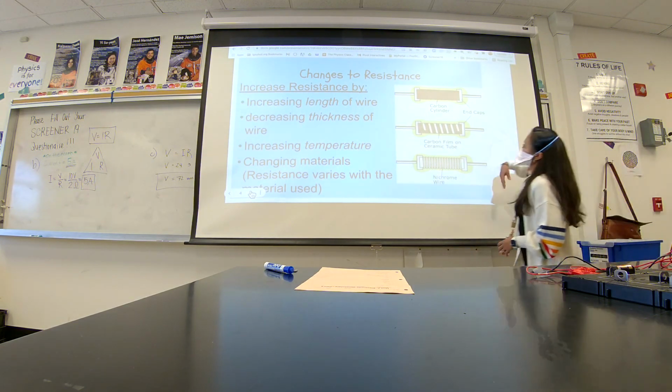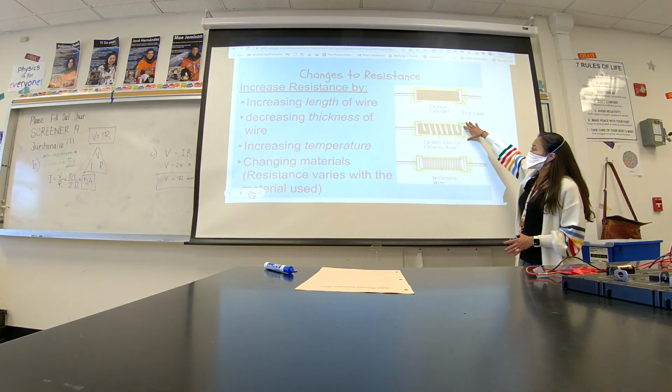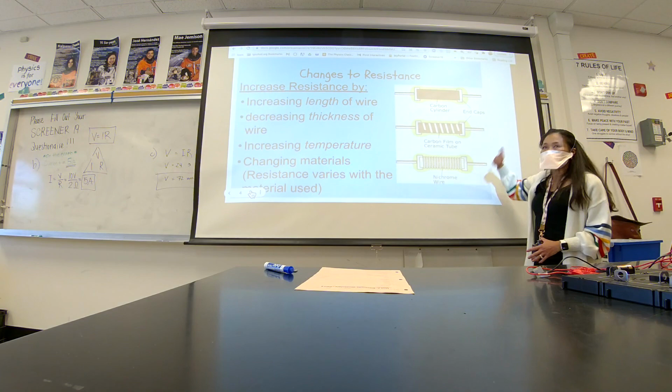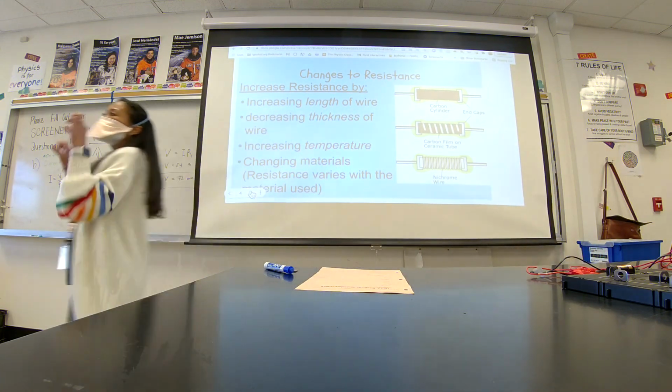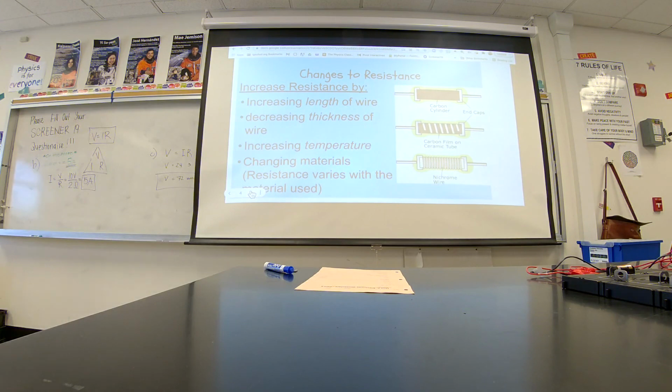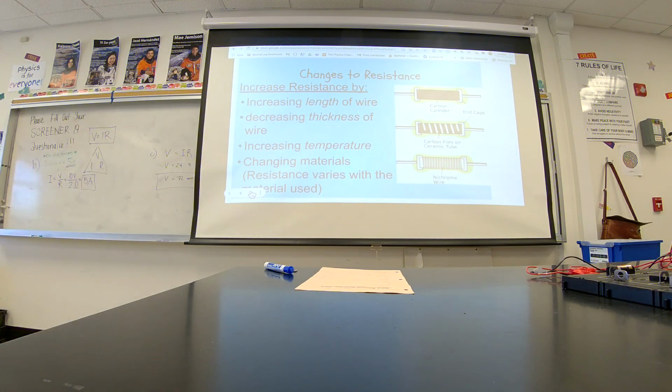Well, here's my diagram. Carbon, it's got a carbon film, and then it's got a nichrome wire. The wires that are within those resistors are what allow you to determine the resistance. And I used the straw analogy with you guys last class, right?